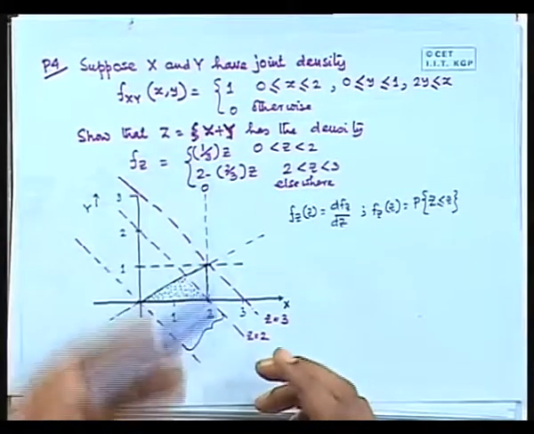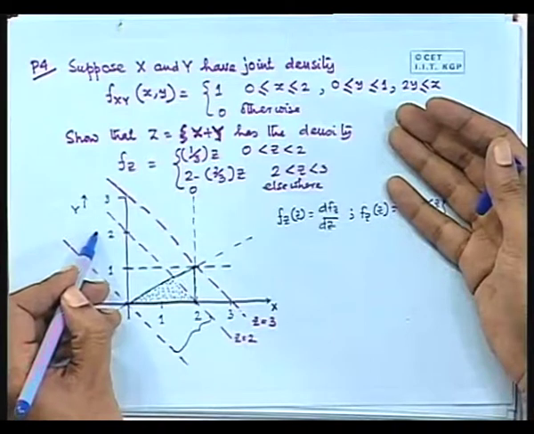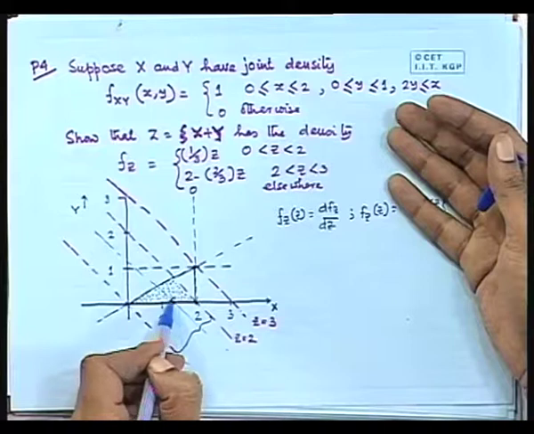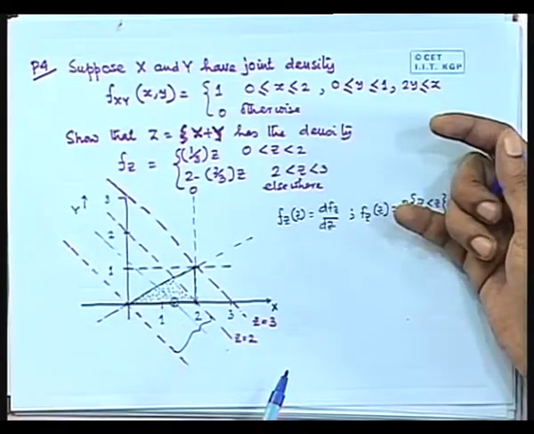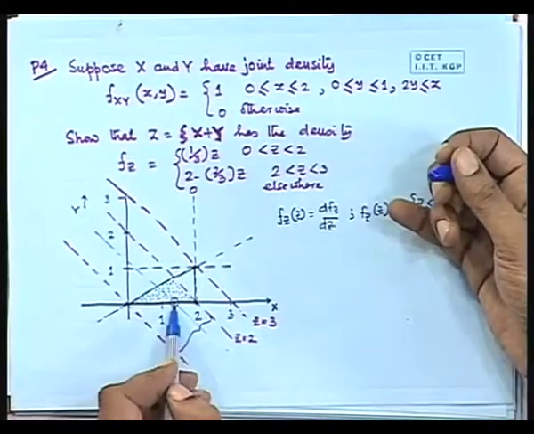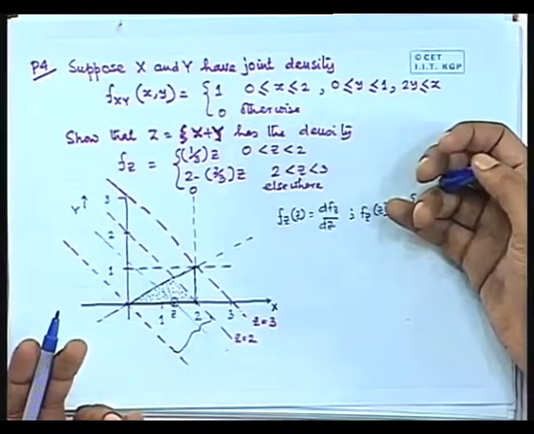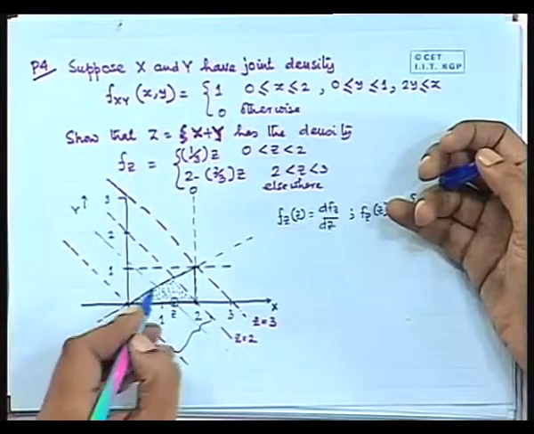For example, do you want me to do one of them? We can do it. Suppose we take some point here, an arbitrary point, this one. What is this point? It is on the intersection. What is the coordinate of x? It is z, because z is equal to x plus y and y is 0. So this point is z. What is this point?